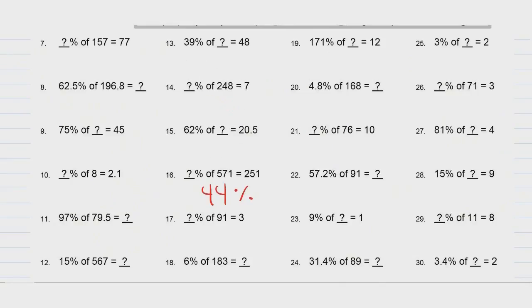Number 17, we have a percent of 91 equals 3. We already know this is going to be a small percent because you're taking a percent of 91 and only getting 3, which tells you it should be a small number. Let's change this around. We're going to have a percent times 91 equals 3.